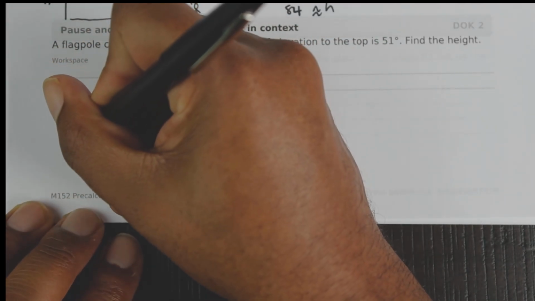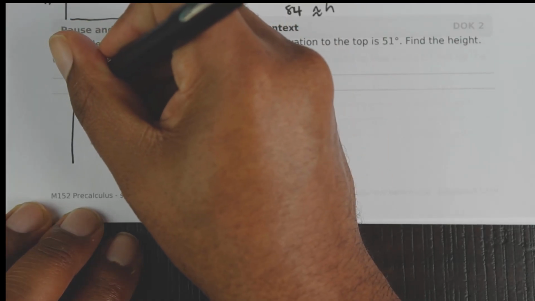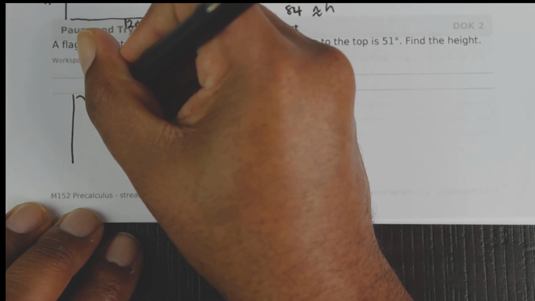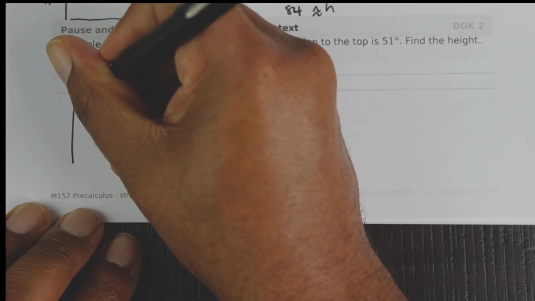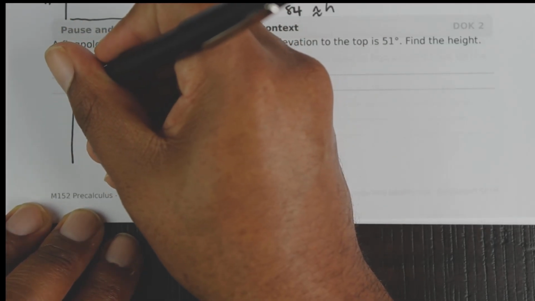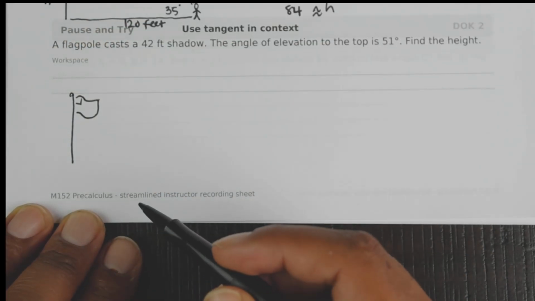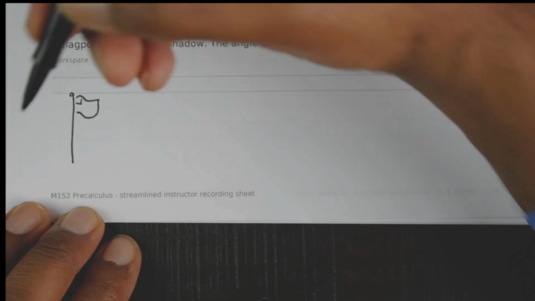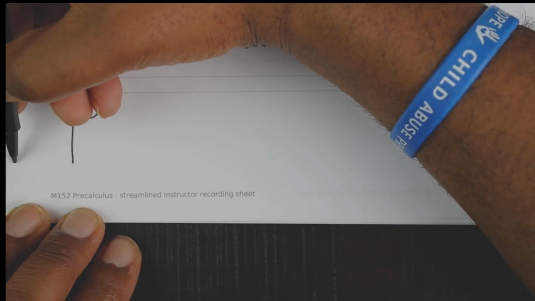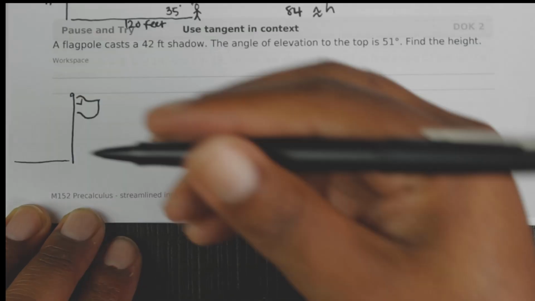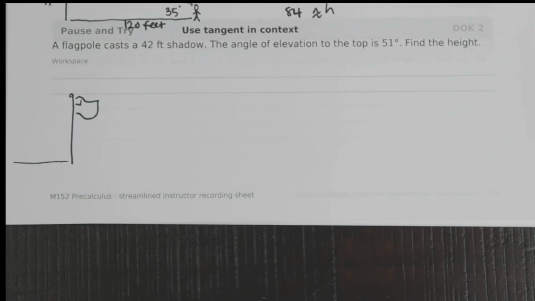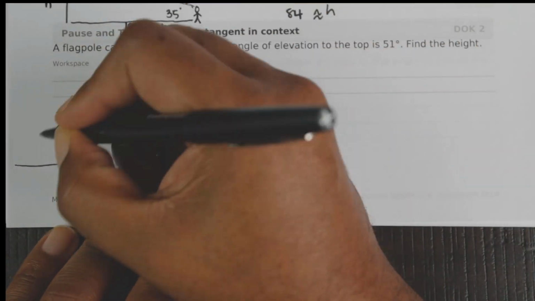Just imagine the flag and the shadow it casts. So we have the adjacent side. The height of the flagpole is the opposite side. So we have the opposite and the adjacent, so we're going to use the tangent.